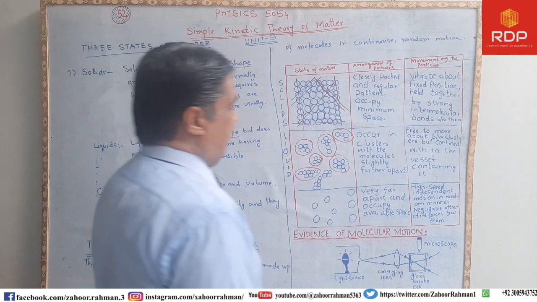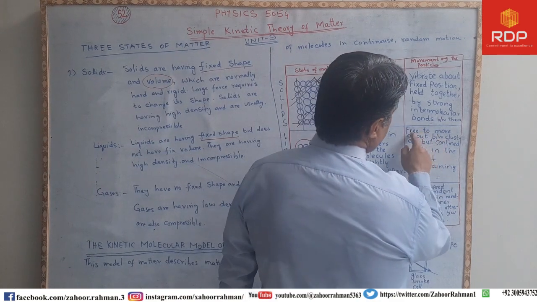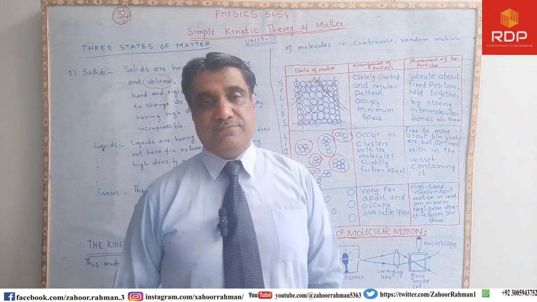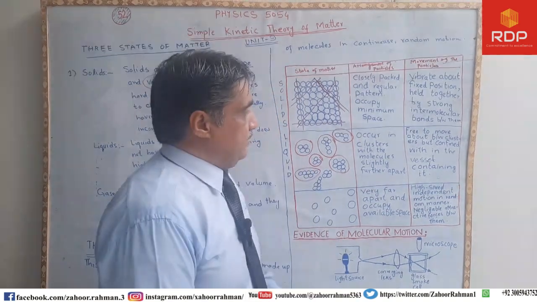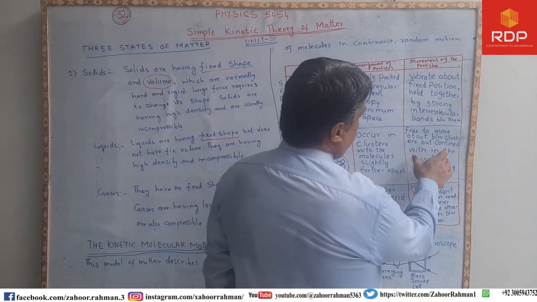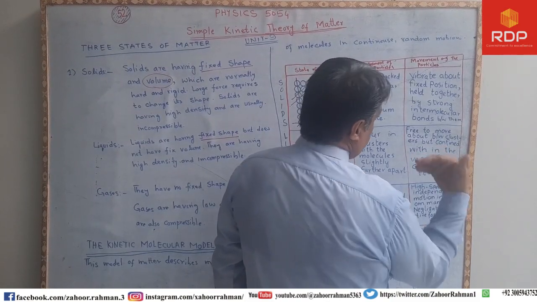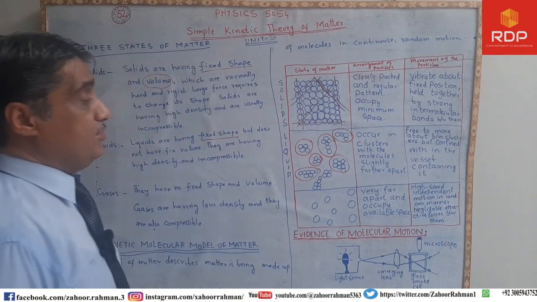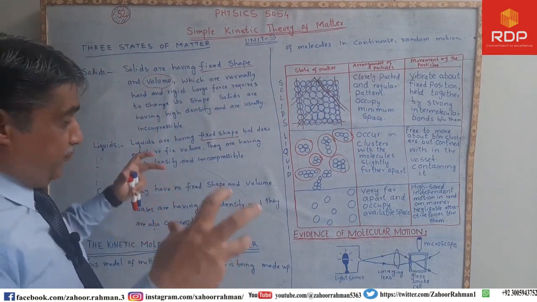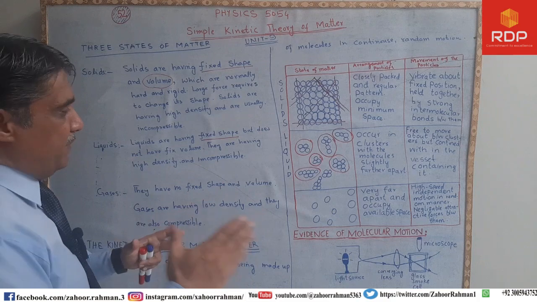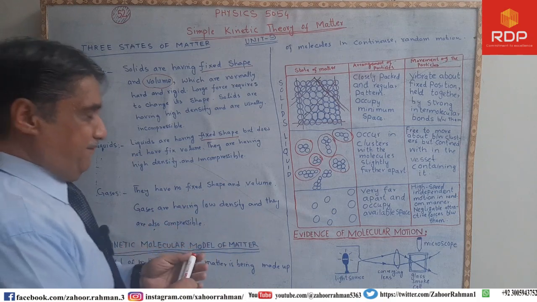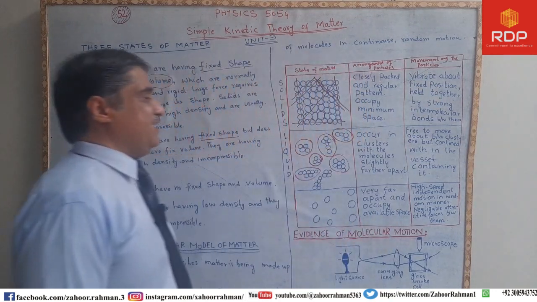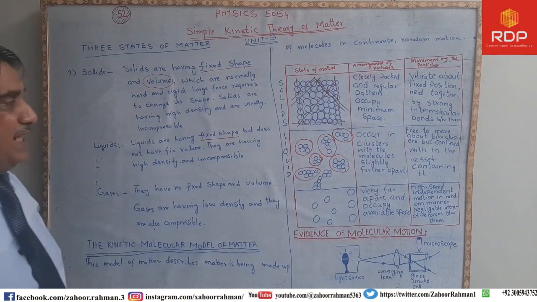What is the role of the molecular theory? Free to move about between clusters. Yes, you cannot bind these molecules to be confined, to forcefully move around a fixed position as in the case of the solid.